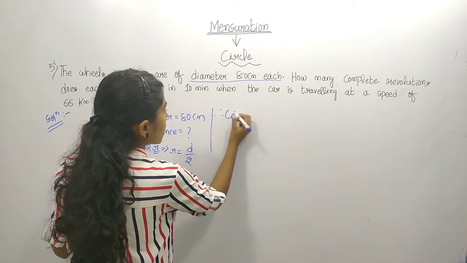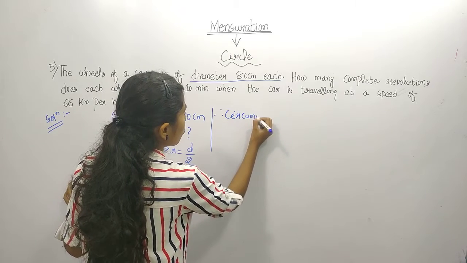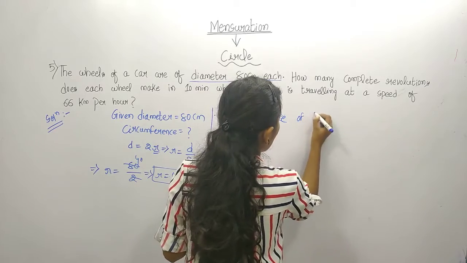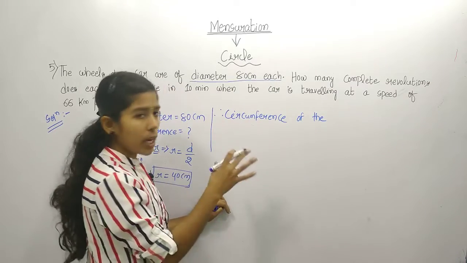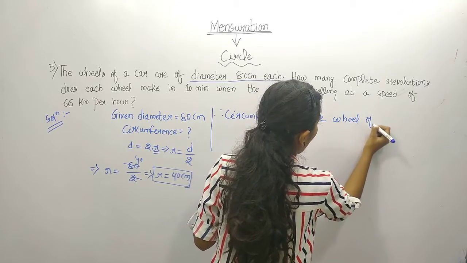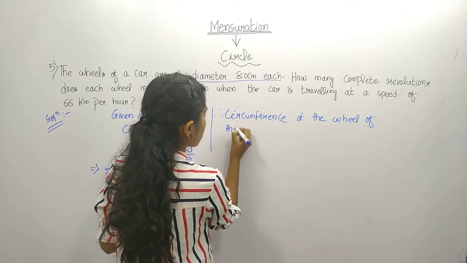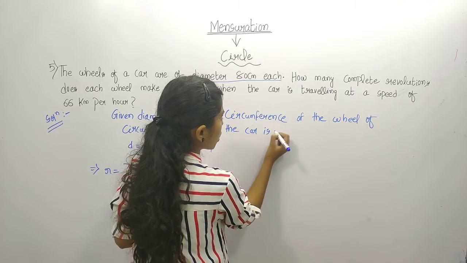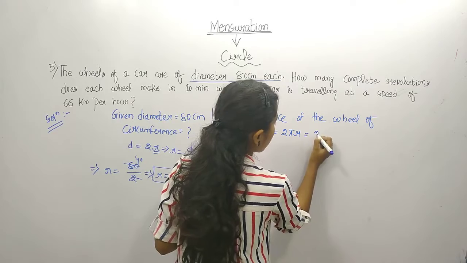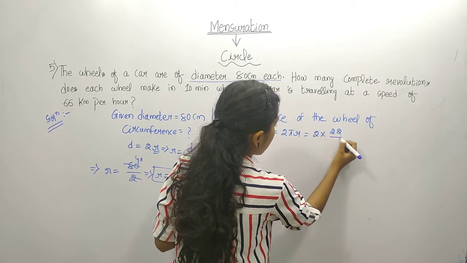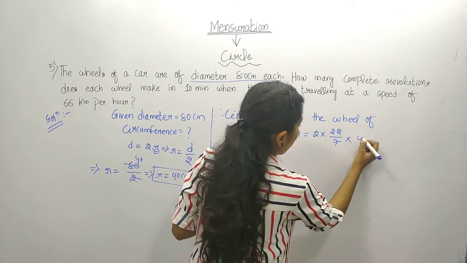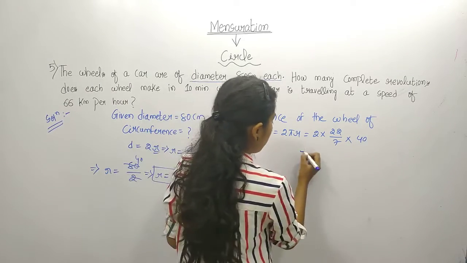Therefore, the circumference of the wheel of the car is equal to 2 into pi into r, which equals 2 into 22 divided by 7 into 40. Now multiply.